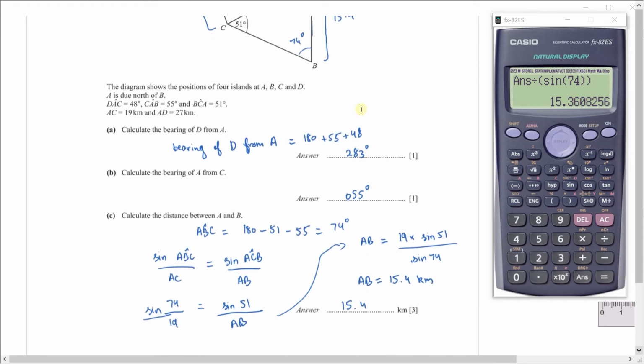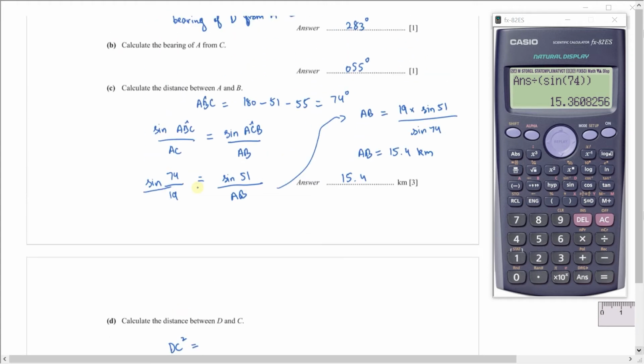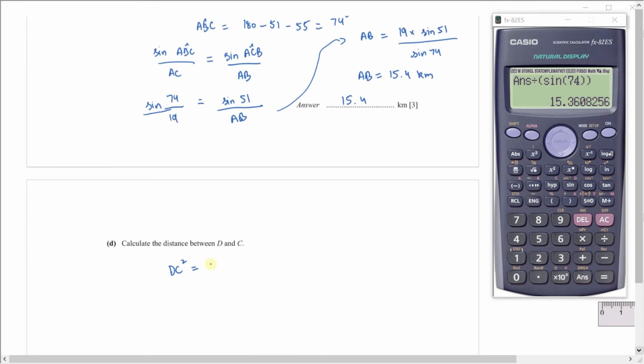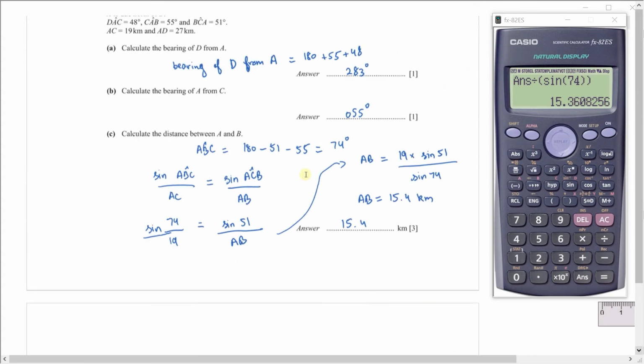So let's apply this cosine rule. DC squared will be equal to 27 squared plus 19 squared minus 2 into 27 into 19 into cos of the angle between them, which is cos of 48.